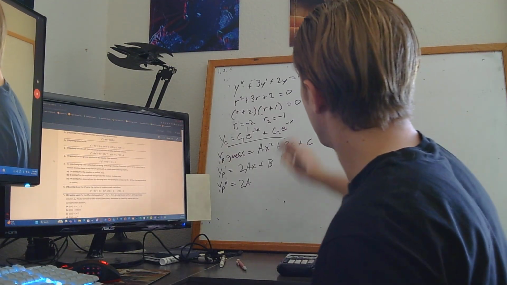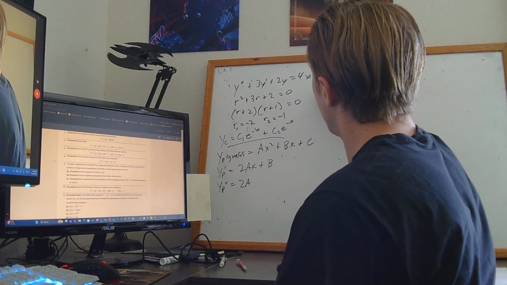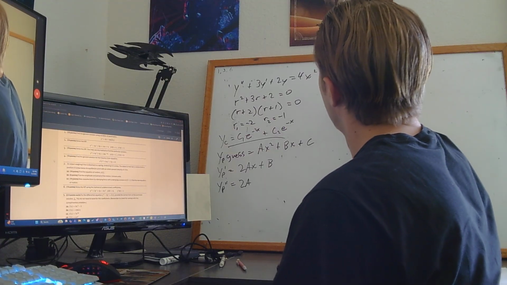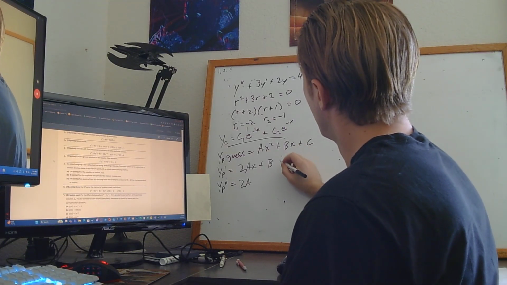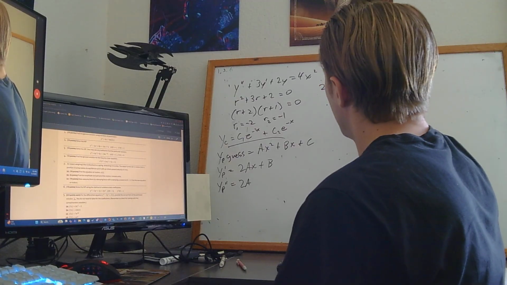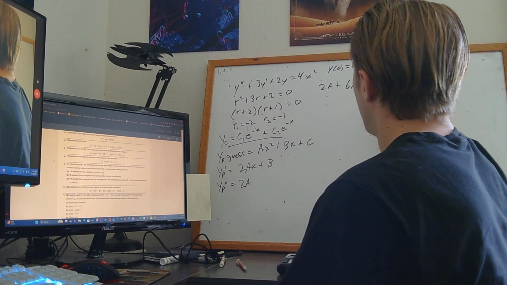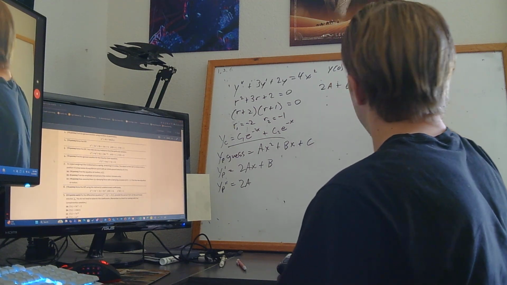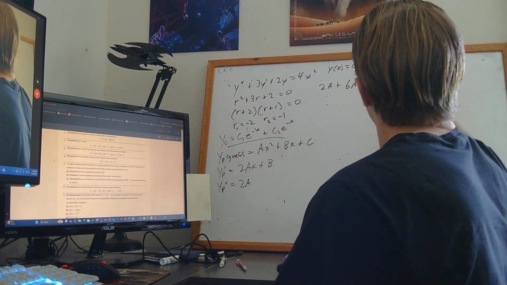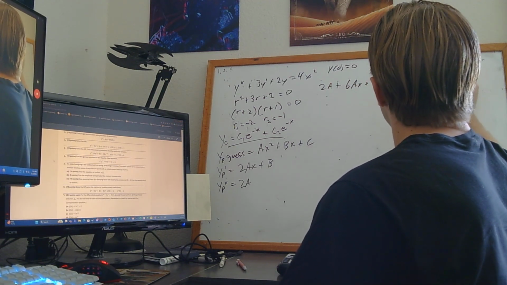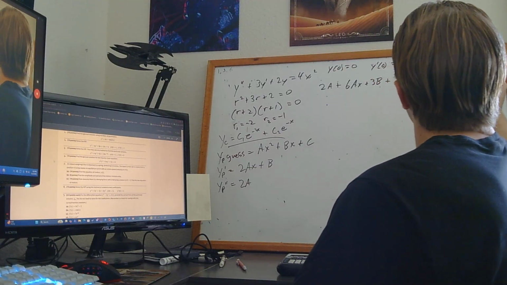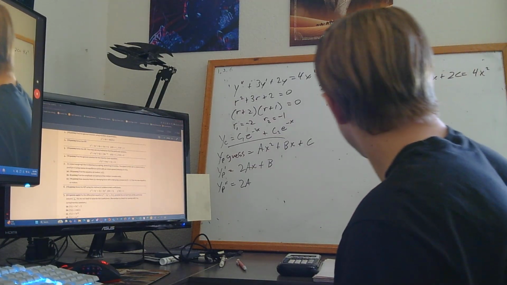Okay, so we'll go ahead and plug all this in here now. So we have 2a plus 3 times that, so it's going to be 6ax plus 3b, plus, then we times all that by 2, so 2ax squared plus 2bx plus 2c equals 4x squared.